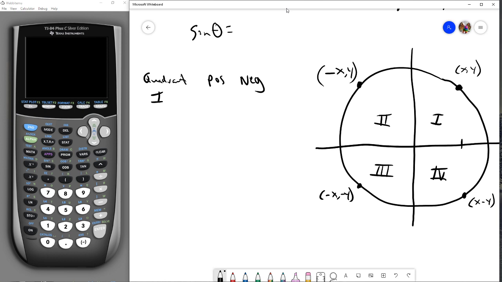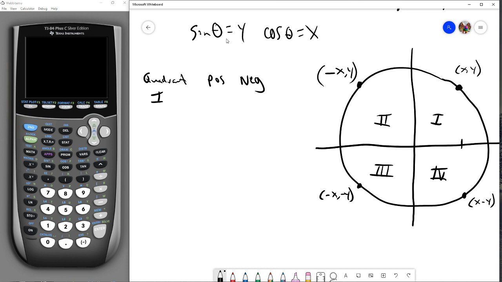sine of theta is equal to y, cosine theta is equal to x. Again, remember we are using the unit circle, so the radius is 1. Since sine and cosine are positive because x and y are positive, the other 4 trig functions were defined in terms of sine and cosine through the reciprocal identities.